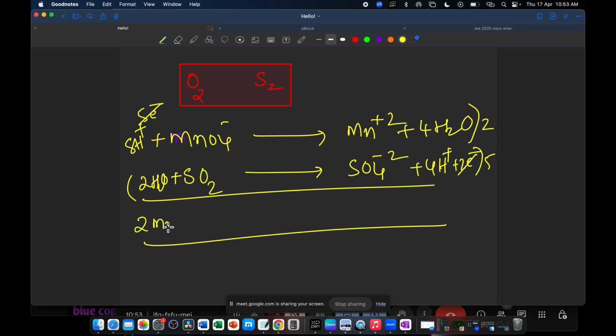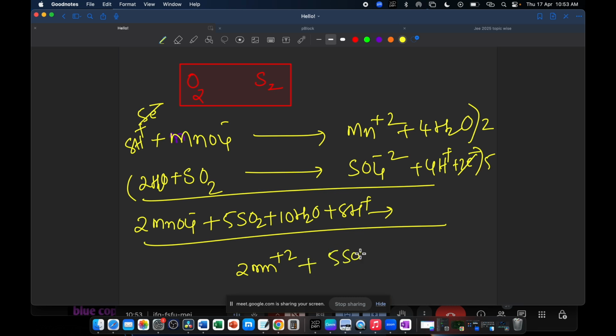That is 2 moles of MnO4 minus plus 5 moles of SO2 plus 5 twos are 10 moles of H2O plus 8 moles of H plus gives us 2 moles of Mn plus 2 plus 5 moles of SO4 minus 2 plus 8 moles of H2O and 4 fives are 20 moles of H plus.